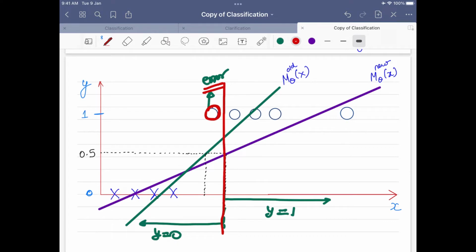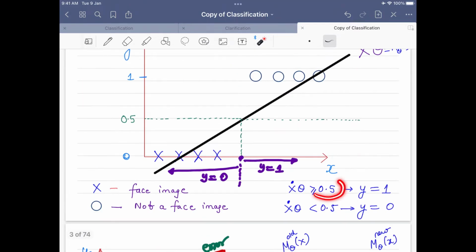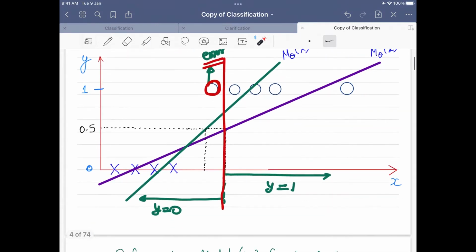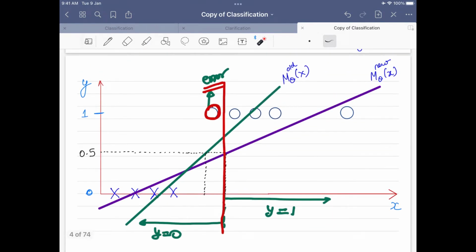That's why this particular way of approaching the classification problem is a problem, because we cannot do a linear regression fit first and then apply this rule over here. We will not do it like that. This is the motivation for why we cannot use linear regression to fit this type of data set.